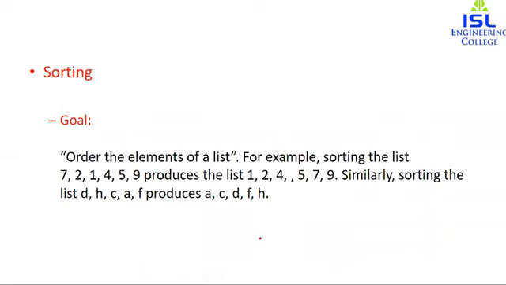Next we are taking the topic sorting. Sorting is basically putting the elements into a list in which the elements are in increasing order. So basically sorting is ordering of elements.